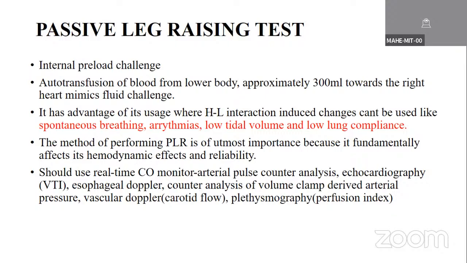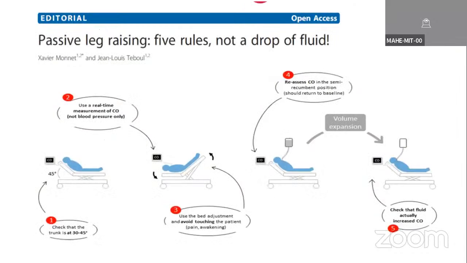We can use it in patients with spontaneous breathing or patients with arrhythmias also. But we have to use a real-time cardiac output monitor for accurate measurement of these values.